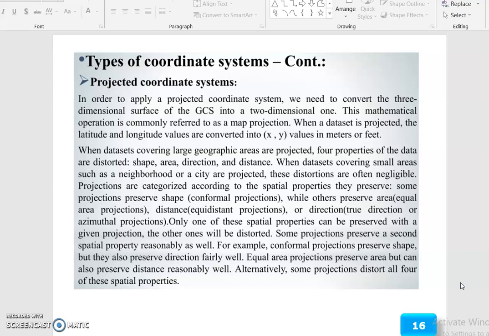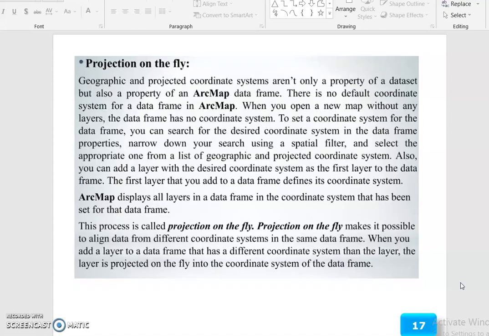Some projections preserve a second spatial property reasonably well. For example, conformal projections preserve shape, but they also preserve direction fairly well. Equal area projections preserve area but can also preserve distance reasonably well. Alternatively, some projections distort all four of these spatial properties.